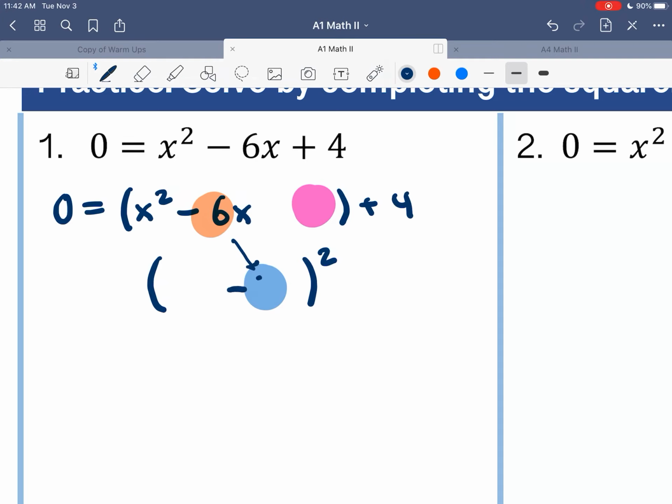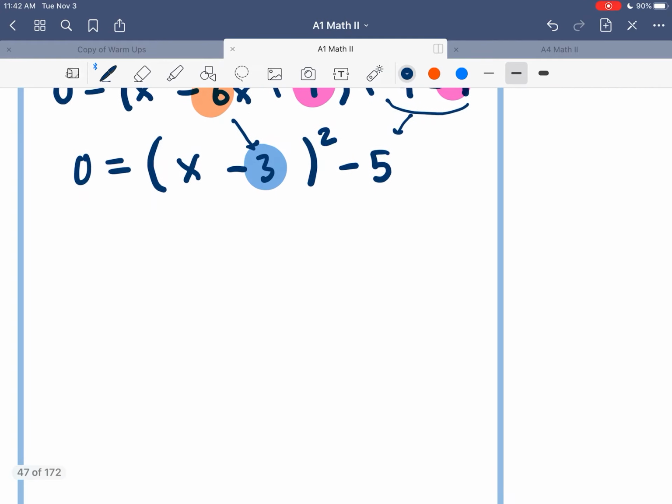So divide by 2 makes negative 3, and squaring makes positive 9. So we just added 9. We also need to take away 9 right there to keep the balance. So the outside of this will be positive 4 minus 9 gives us negative 5. So 0 equals all of that.